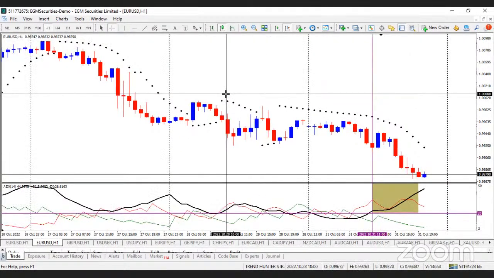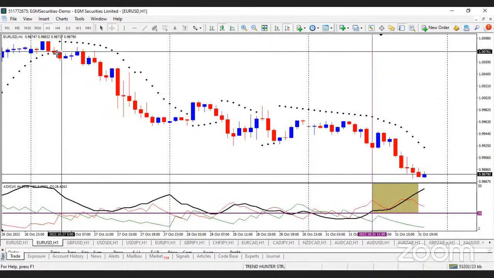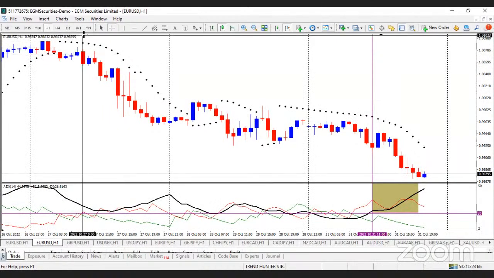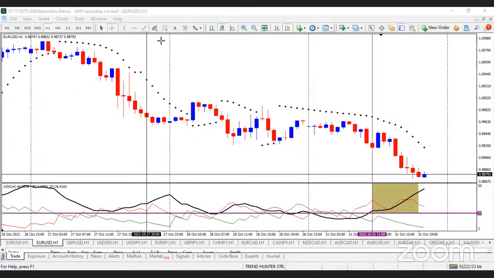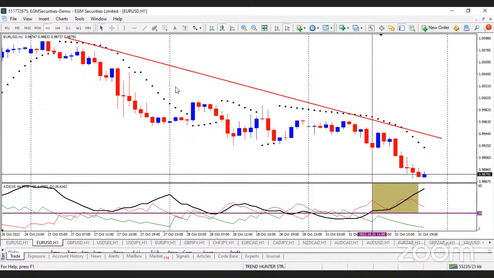You'll be able to see that since last week on Thursday, this pair has been on a progressive downward move. Then the essence of adding parabolic, this indicator, is to help you know when you have a bullish run or a bearish run.